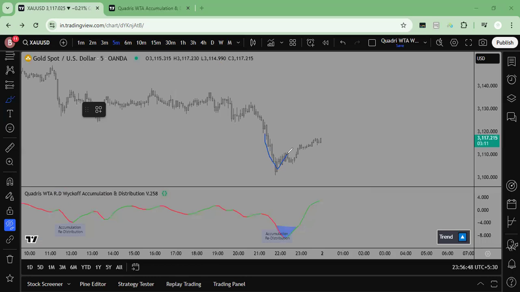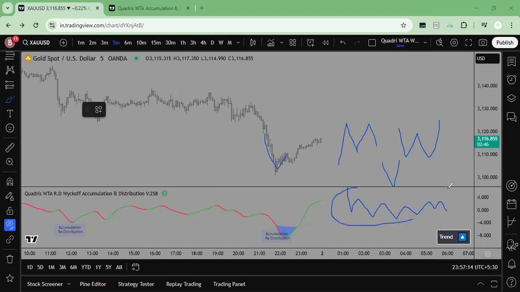So why this tool? Why does a Wyckoff trader need this tool? He or she needs this tool because we cannot apply all the schematics, because at times we would see a V correction or an M correction or a W correction, or sometimes a looping market.